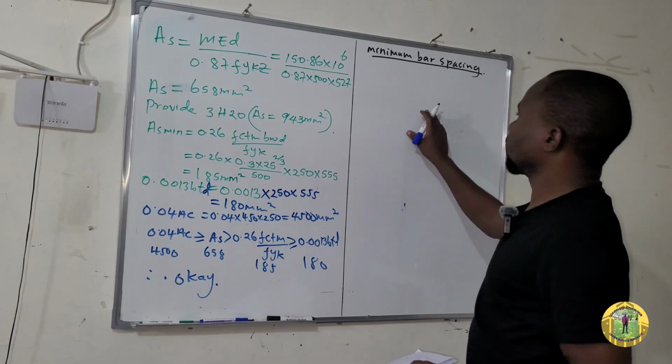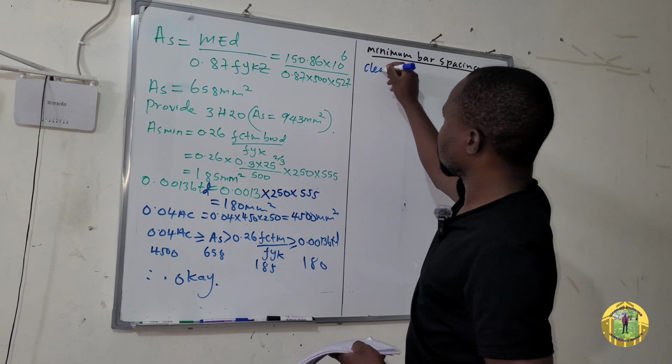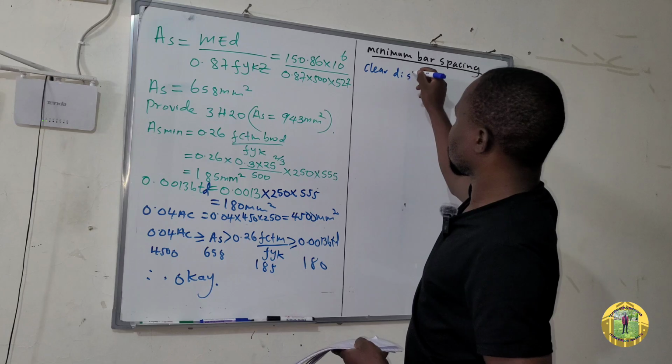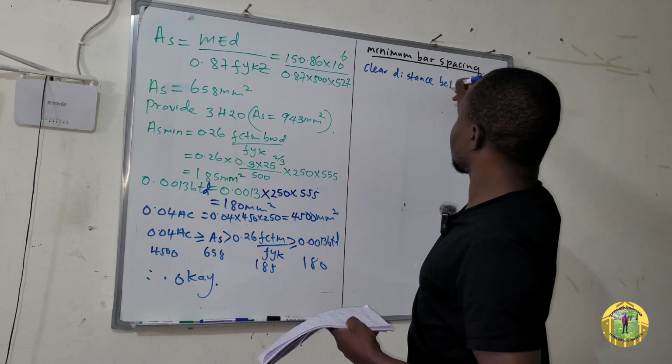Proceed to minimum bar spacing. For the minimum bar spacing, clear distance between bars.